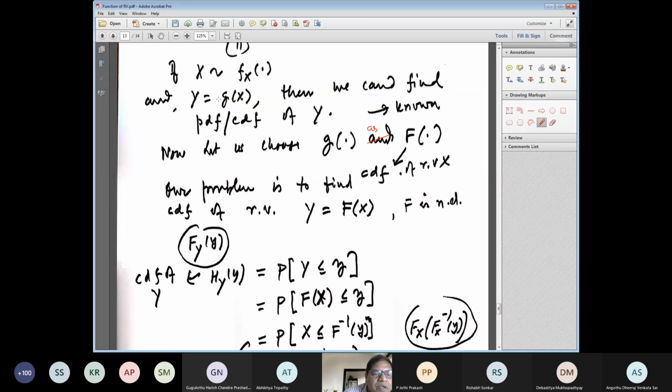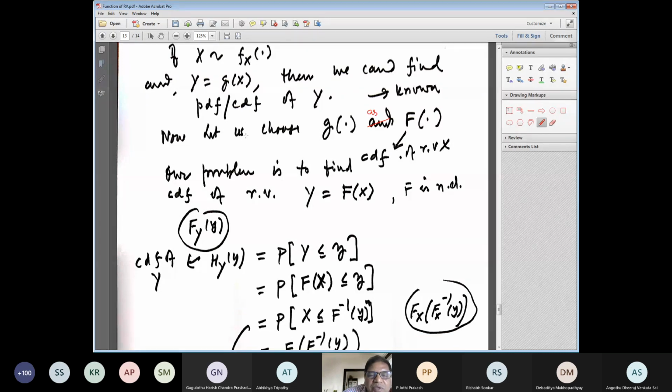So in place of g, if I take capital F, the property is known that it is a non-decreasing function. So what will be the distribution of Y equal to capital F(X)? Here X is also capital. In place of g, we are going to write capital F. Now, as I have written, let us choose g as F, and F is nothing but the CDF function.